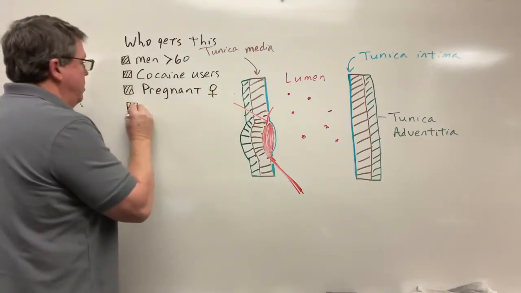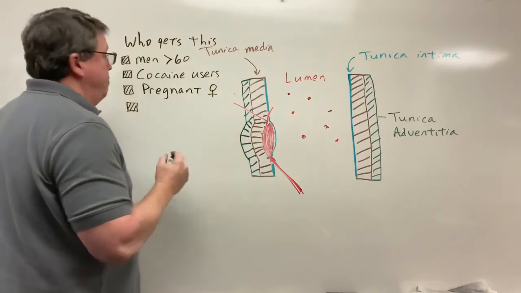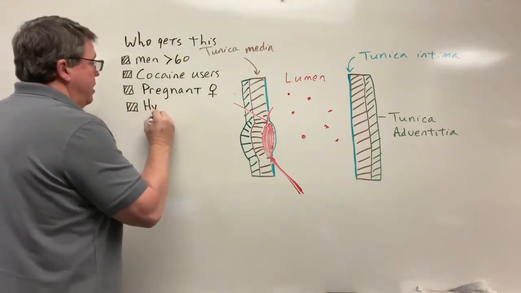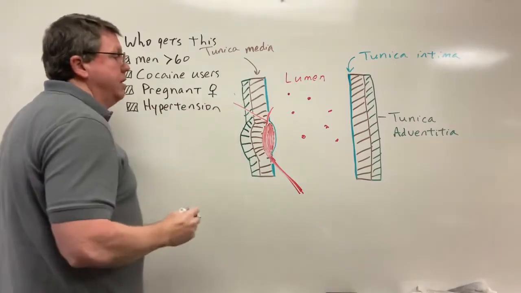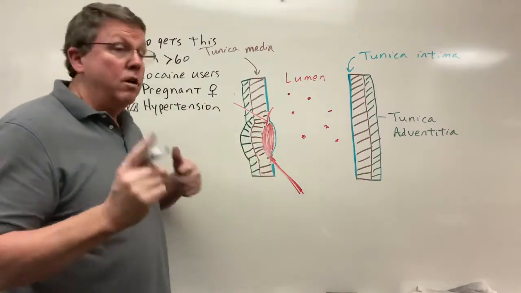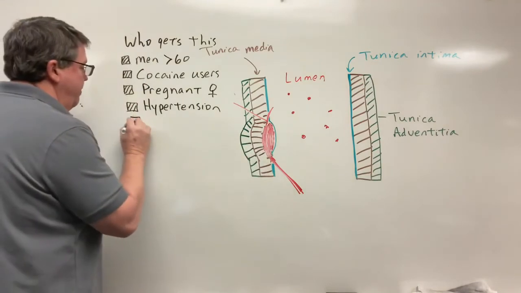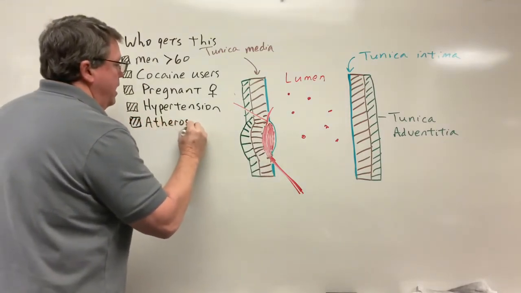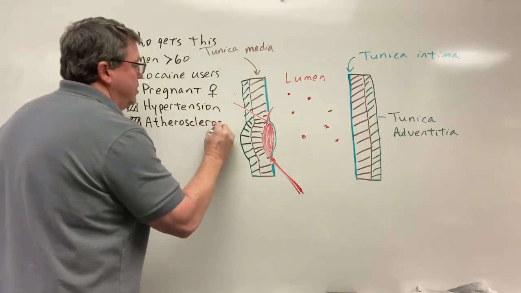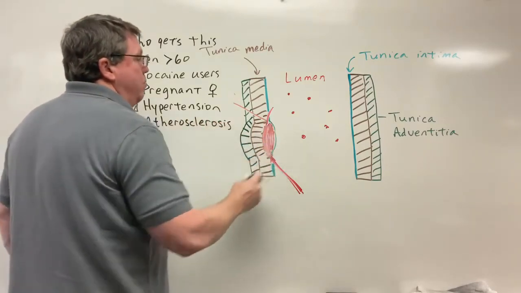It may also occur in people with hypertension. As we know, when someone has hypertension, that also weakens the blood vessel. Along with that is also when people have atherosclerosis. Okay, and as you know, atherosclerosis is also going to weaken my blood vessels.